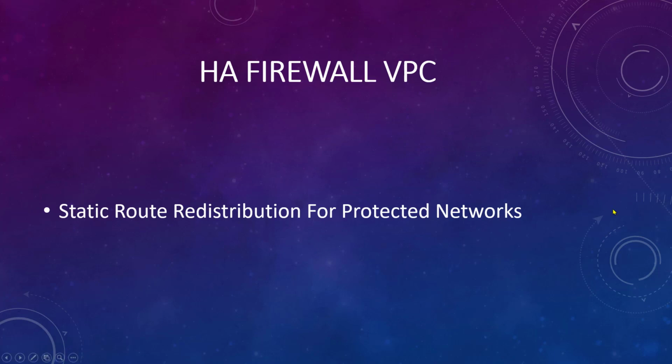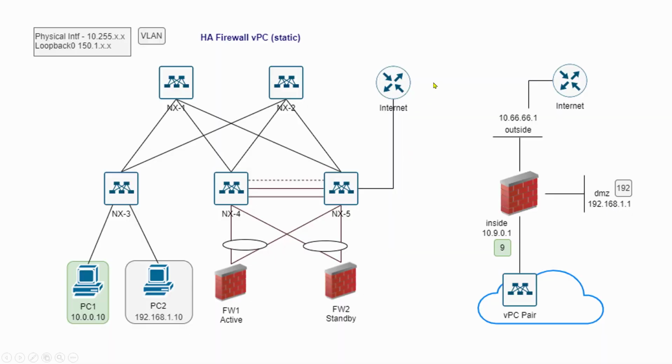So the topology looks like this. Here I've put Nexus 4 and 5 into a VPC pair. And then I have one firewall here, doing LACP to 4 and 5. And then the standby firewall is connected VPC as well. There's a cable between them.